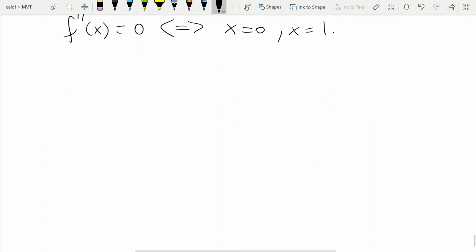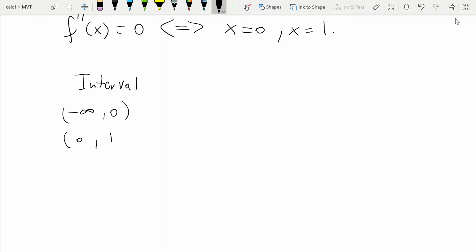Okay, so what are the intervals here? We have only two candidates, so we split the real line into three intervals: minus infinity to 0, then from 0 to 1, which is the next candidate for an inflection point, and then from 1 to infinity.